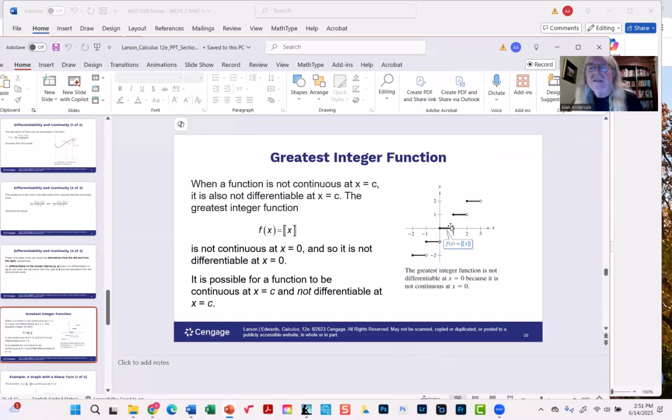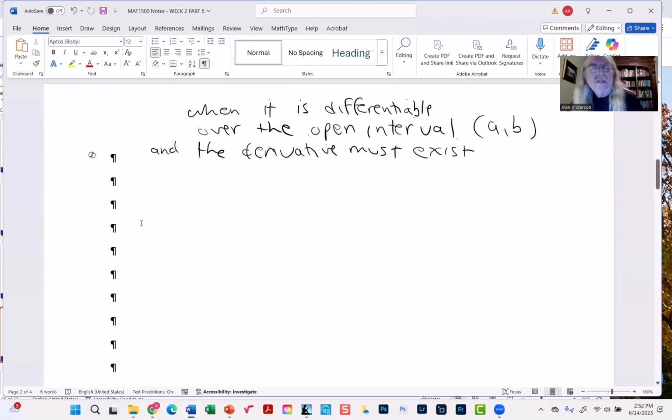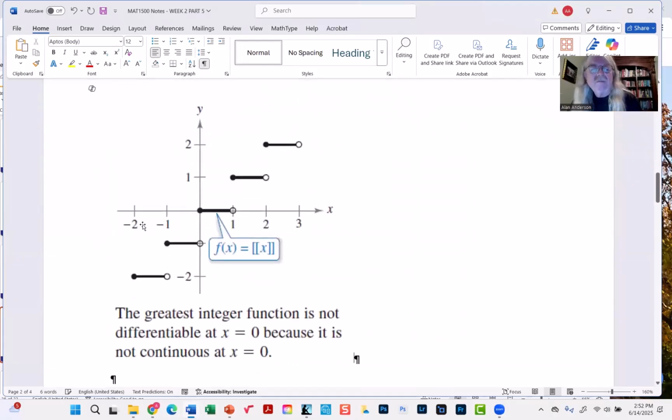Now look at this thing. You may not have run into this before. Sometimes called the step function, for obvious reasons. This set of symbols, these two brackets, are used to indicate the greatest integer function.